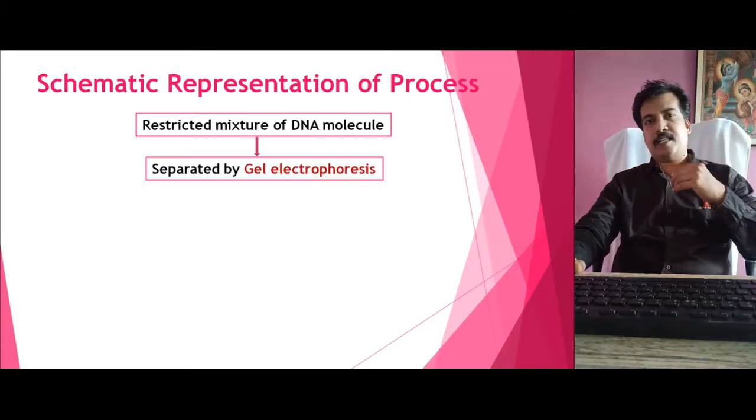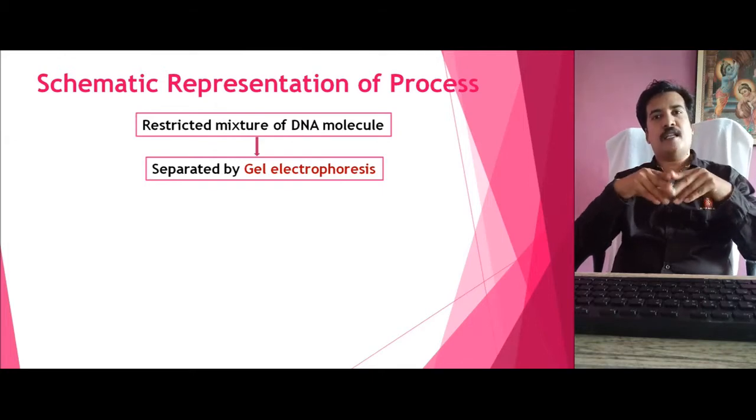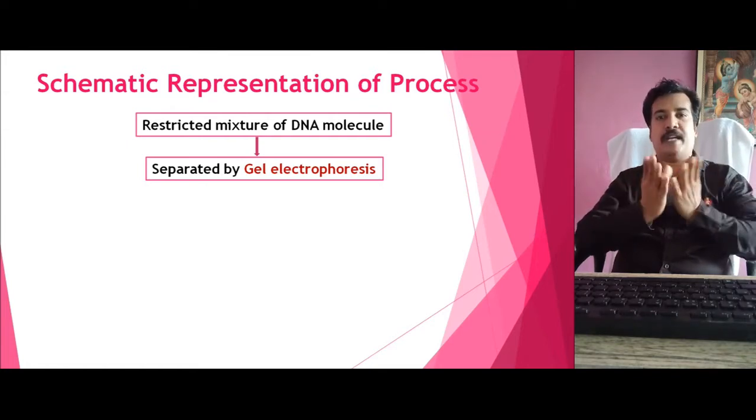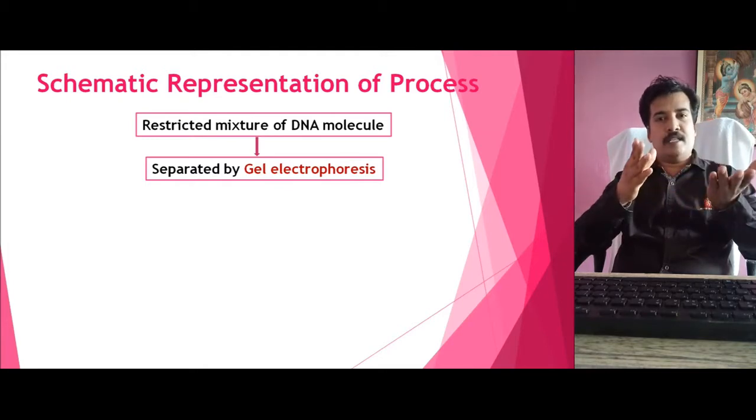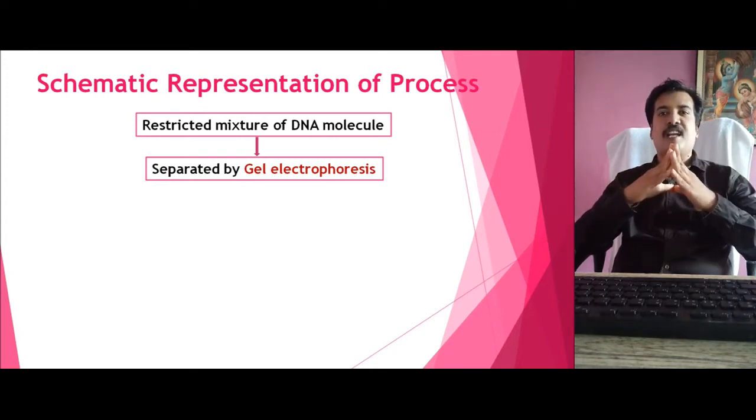This restricted mixture is then separated with the help of a process called gel electrophoresis. Generally in southern blotting, this gel electrophoresis is done in duplicate. One is used for the southern blotting and identification, and the second one is used to take out the DNA, which can be amplified on a large scale.